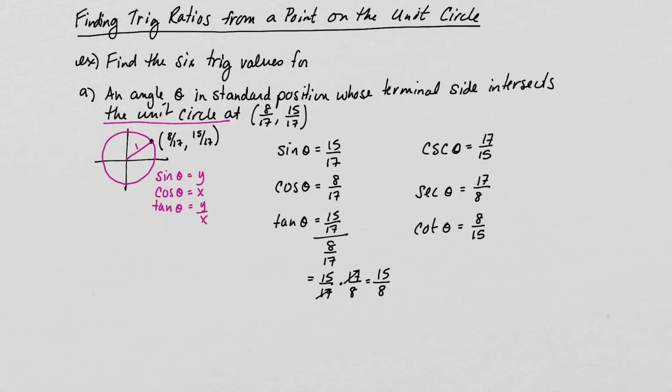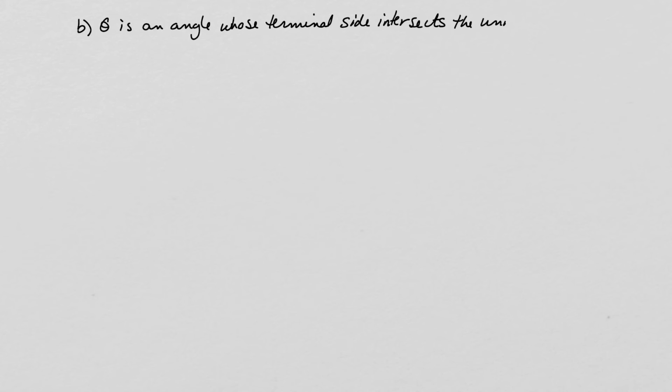So we'll do one more problem like this. They're all kind of similar because we have the point. But B here, we'll say theta is an angle whose terminal side intersects the unit circle at square root of 11/6, minus 5/6.